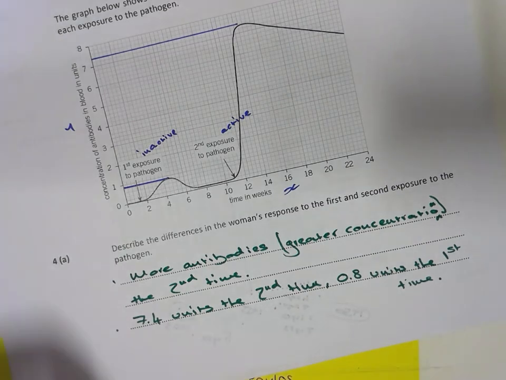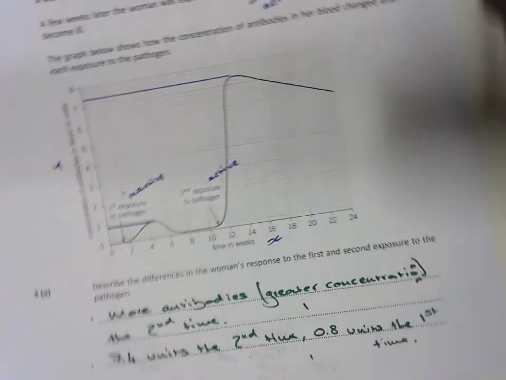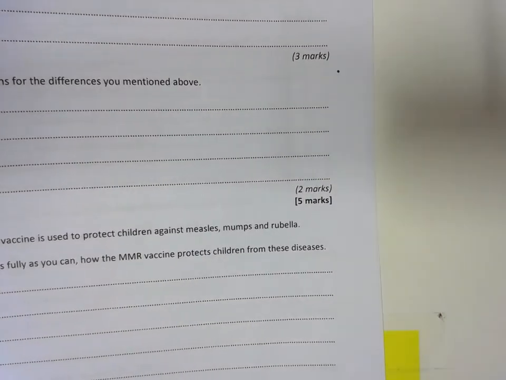Right, so it's good to use the statistics. You'd get 1 mark there, 1 mark there. It's a 3-mark question. As you can see there, I'll just do it all on the same page for ease.